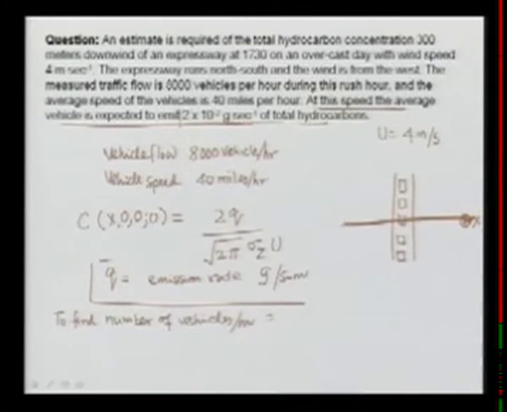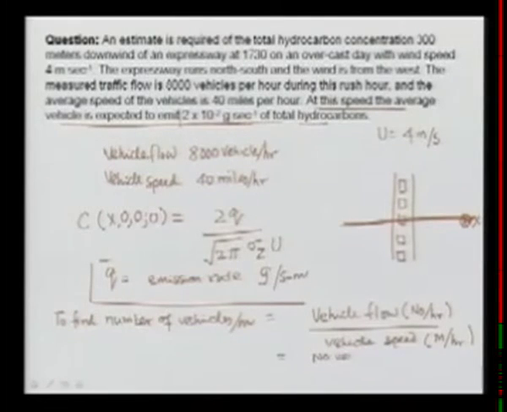Okay, vehicle flow, that will be the number of vehicles per hour divided by the vehicle speed. Let's say that speed I have in meters per hour. So my final answer will be the number of vehicles per meter, and that's what I need to do.